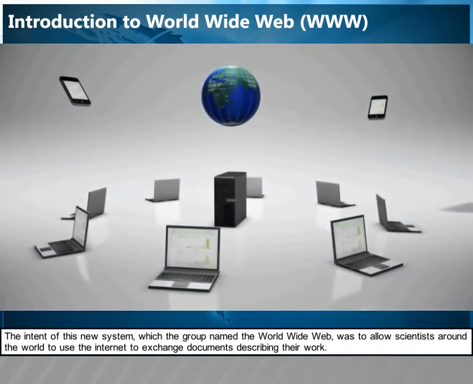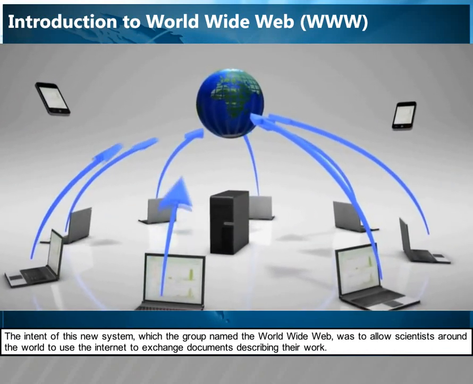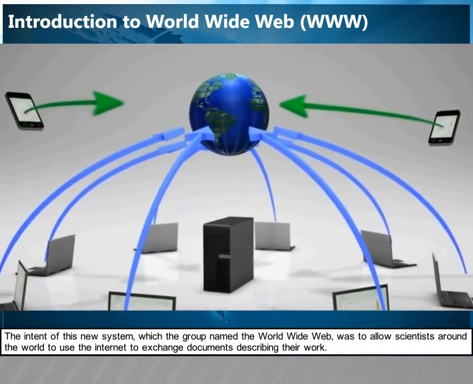The intent of this new system, which the group named the World Wide Web, was to allow scientists around the world to use the Internet to exchange documents describing their work.